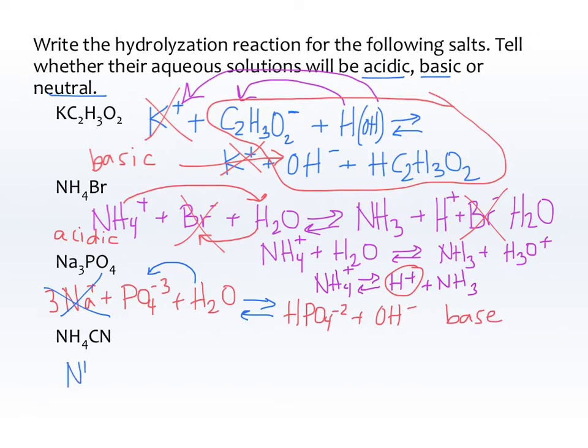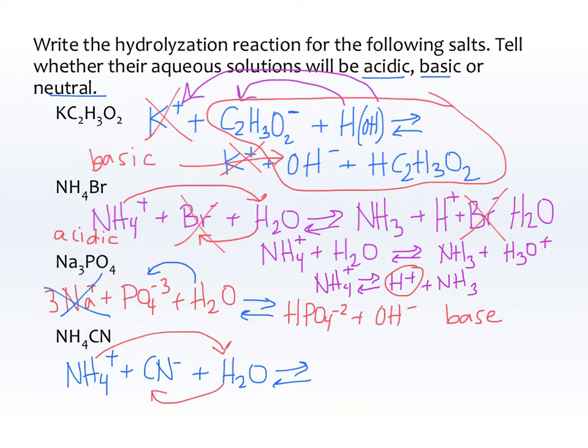Last one, NH4CN. All salts completely split apart, so I'm going to write it completely separate: NH4 plus and CN minus and water. Just like before, the NH4 plus is going to give a hydrogen to the water, and the CN minus is going to take a hydrogen from water.